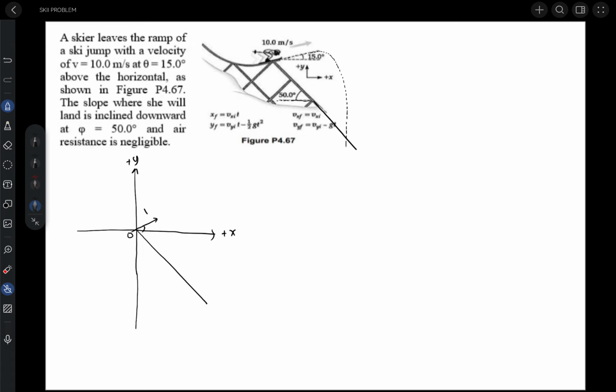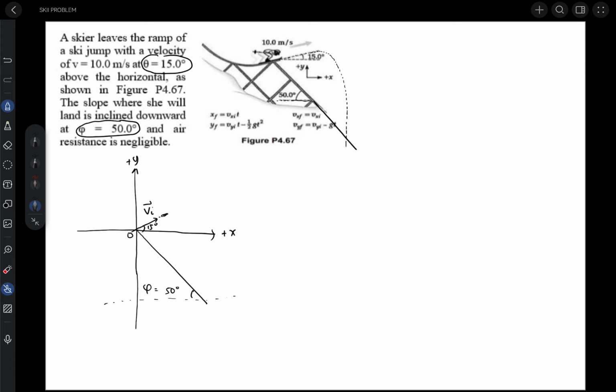That's going to be our initial velocity vector, more about that later. We know our platform below makes an angle of 50 degrees from the horizontal axis. This is referred to as the angle phi in the problem, and the 15 degrees is referred to as the angle theta.